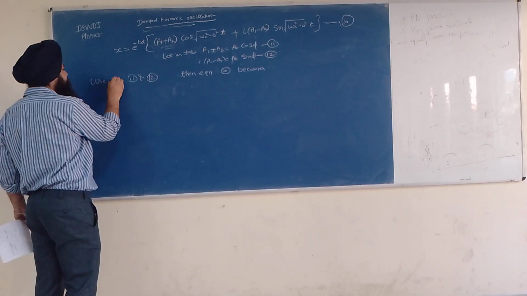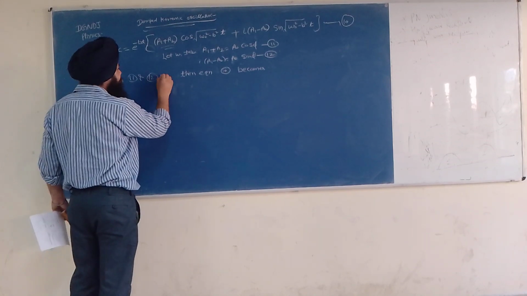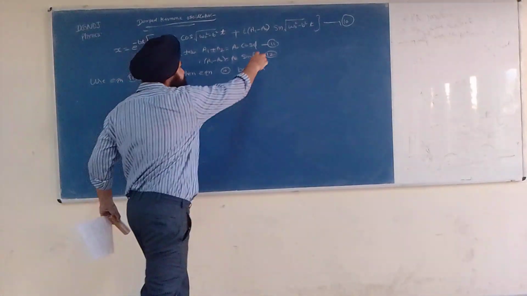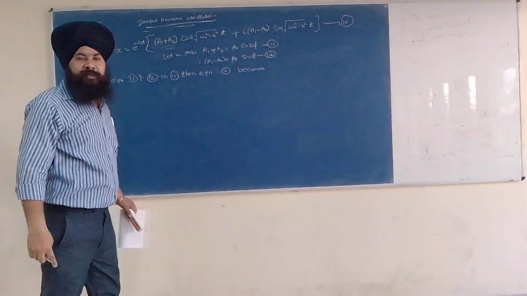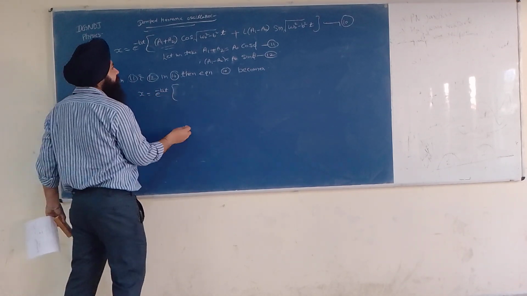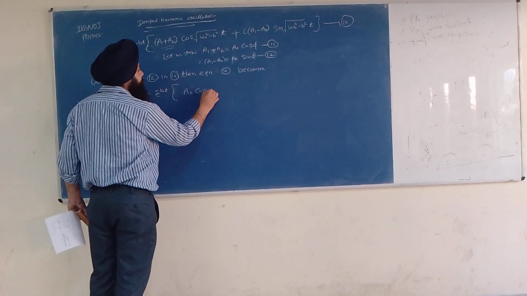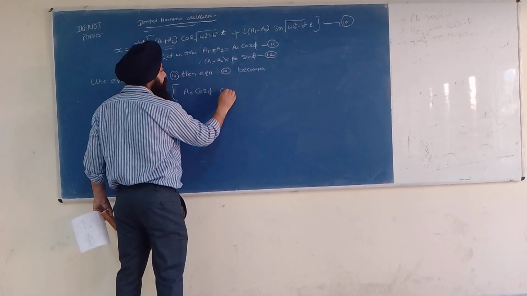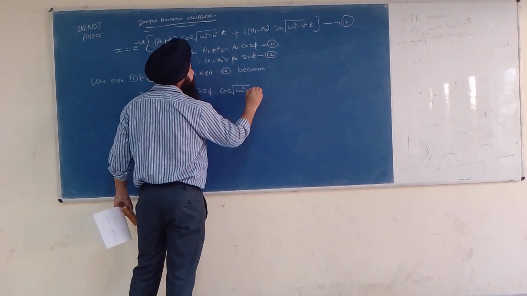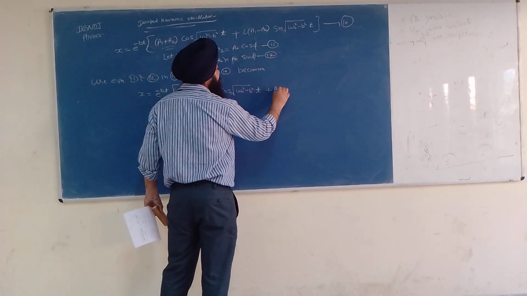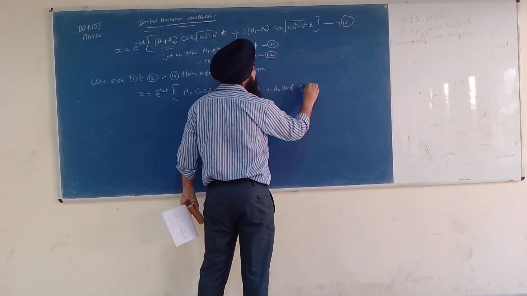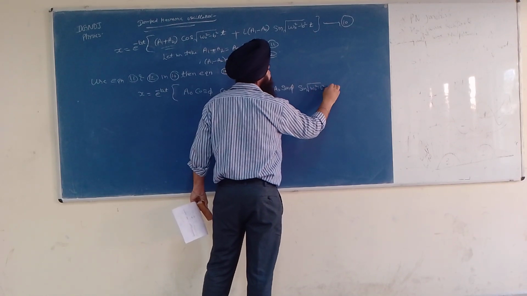Use equations 11 and 12 in equation 10. Then equation 10 becomes, use these two equations in equation number 10. So x is equal to e to the power minus bt times a0 cos phi into cos of square root of omega naught square minus b square into t, plus a0 sin phi into sin of square root of omega naught square minus b square into t.